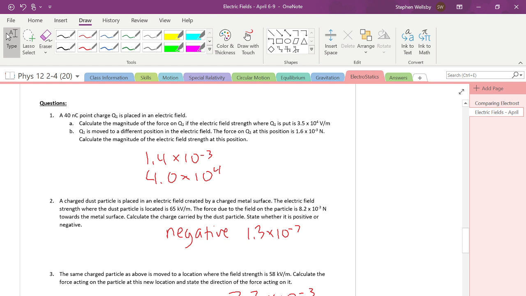So actually the lag is not too bad. I think it's only about 3 or 4 seconds. So does anyone have any questions?